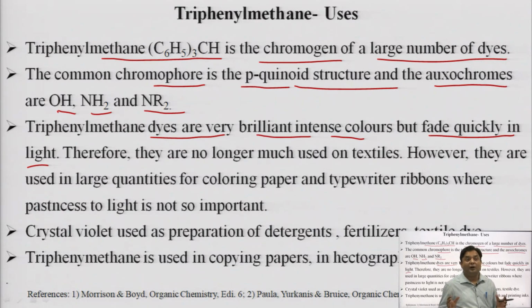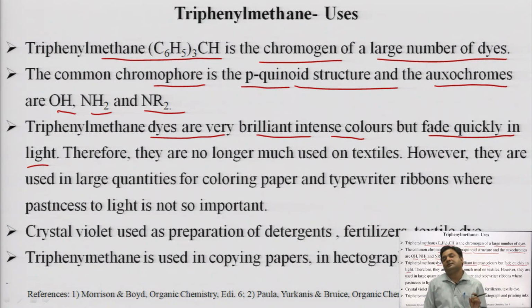Therefore, they are no longer much used in textiles. Because if we use those types of dyes to color textiles, after some time those textiles or cloths will fade. So, this is not commercially useful. However, they are used in large quantity for coloring paper and typewriter ribbons, where fastness to light is not so important.